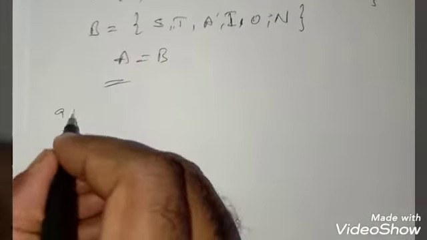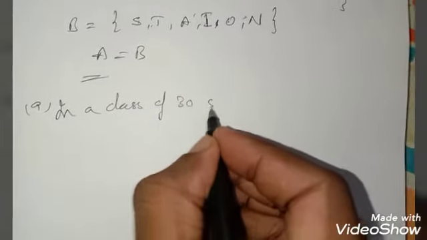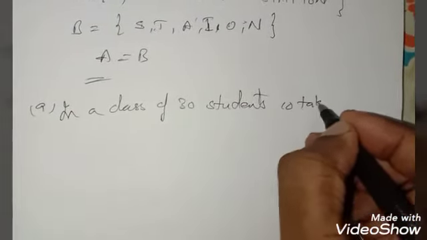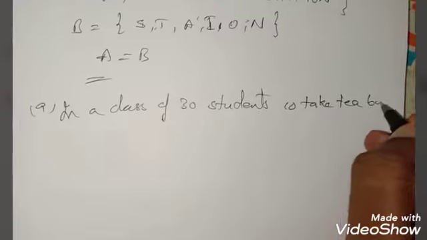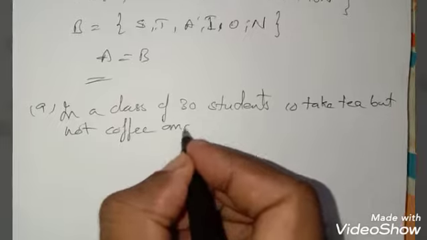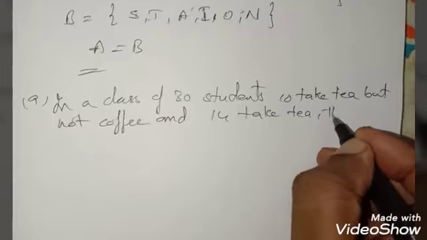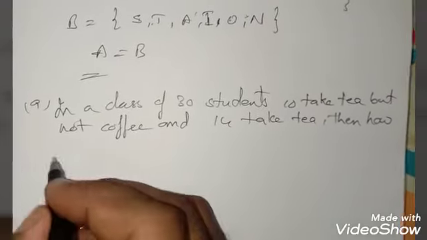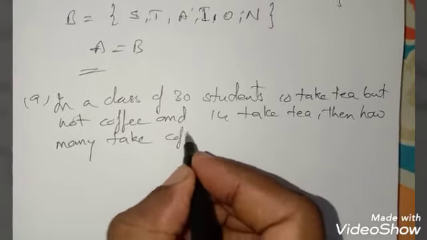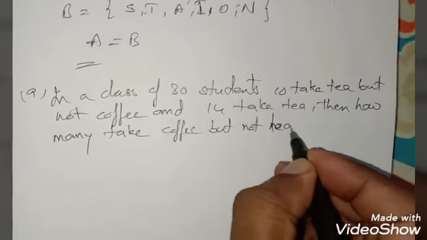Okay, next one. In a class of 30 students, 10 take tea but not coffee, and 14 take tea, then how many take coffee but not tea?